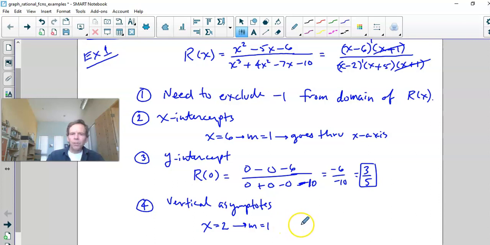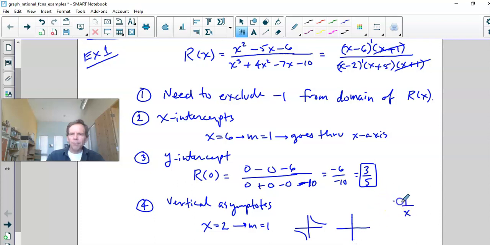And that means that the graph is going to look like 1 over x. An odd multiplicity means it's going to be like 1 over x, which could be like this. Or we don't know what the sign is going to be, actually.